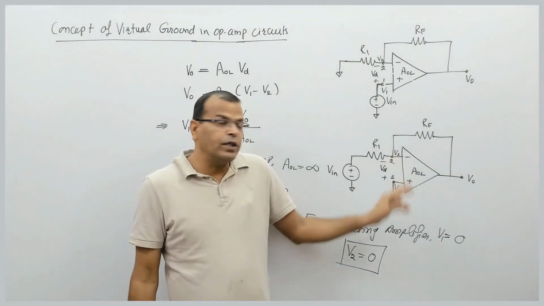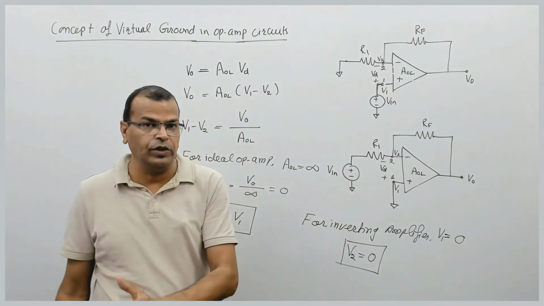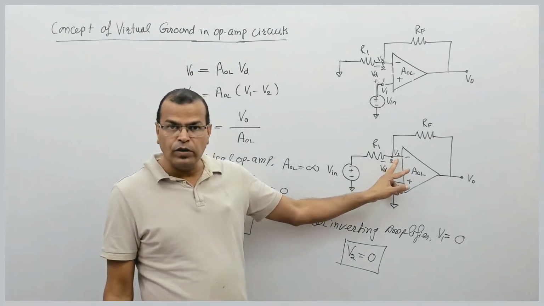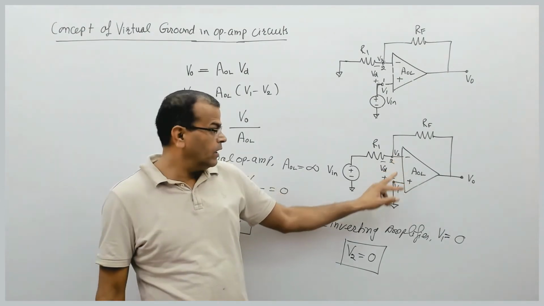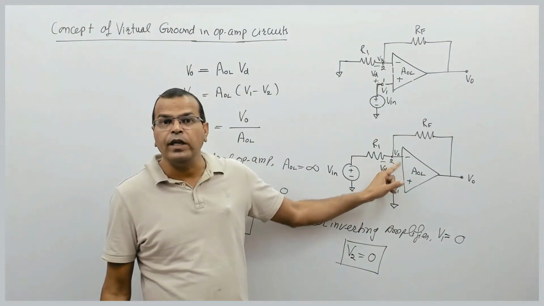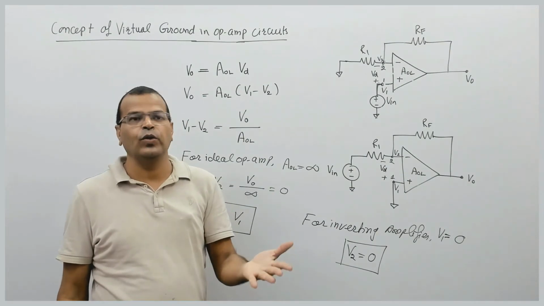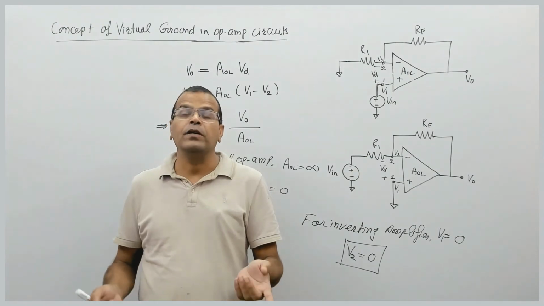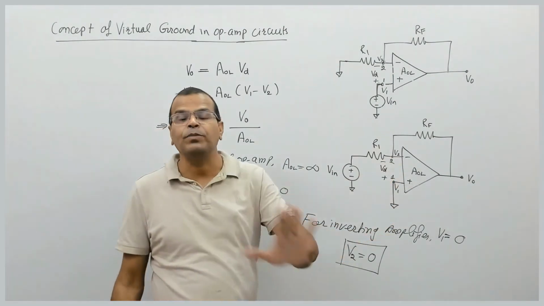If terminal 2 is also at ground potential, then we will say it is a ground, but it is not connected physically to the ground. It is this terminal which is connected to the ground. So we will say the inverting terminal is at a virtual ground. Virtual ground is basically ground potential, but your terminal is not physically connected to the ground, so that is known as the concept of virtual ground.